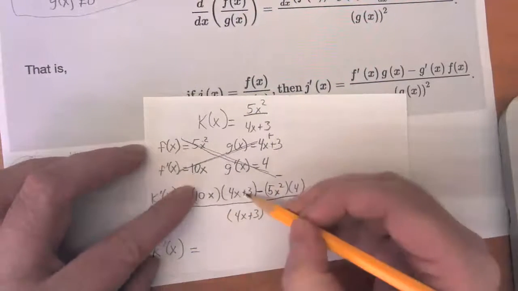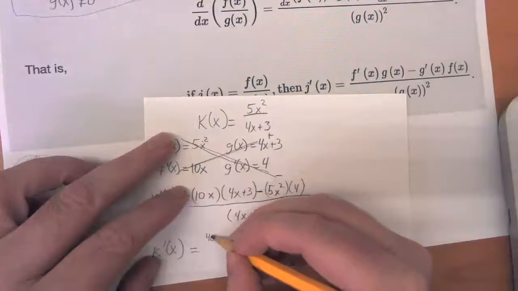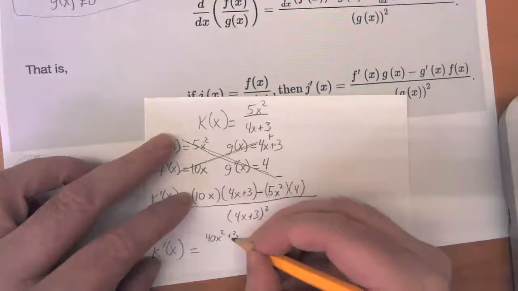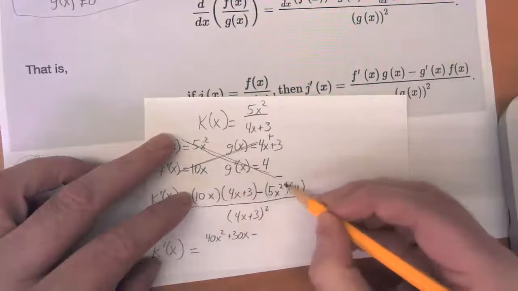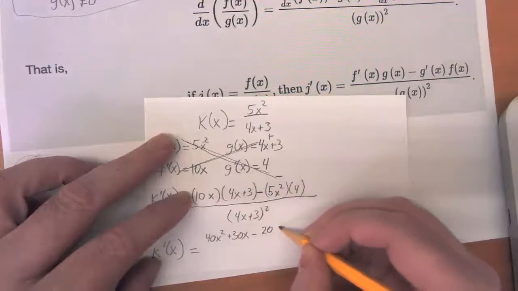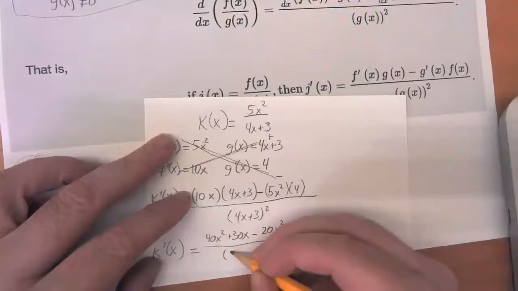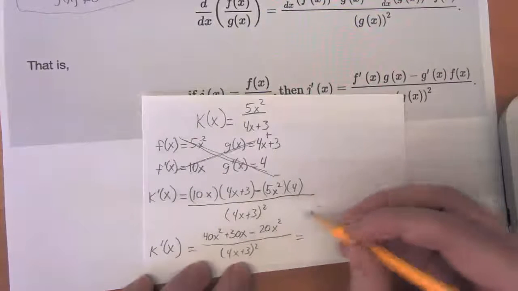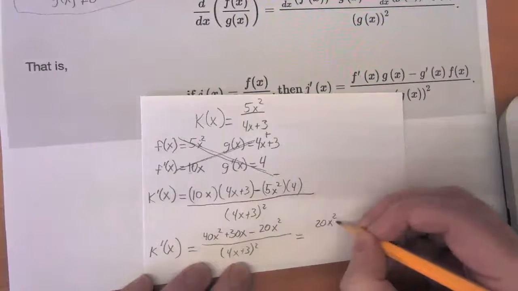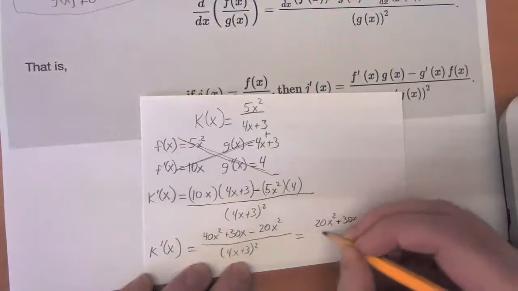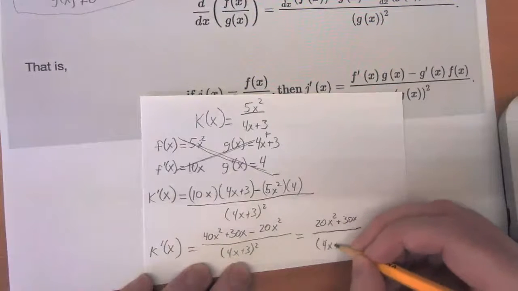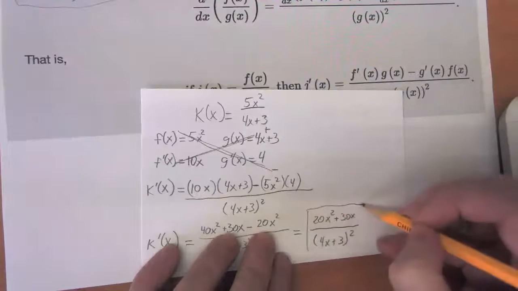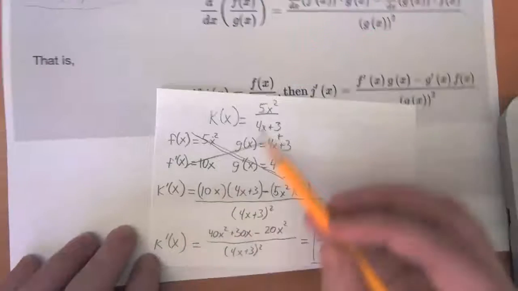I don't want to do a super ton. 10x times 4x is 40x squared. 10x times 3 is 30x. Minus 5x squared times 4 is 20x squared, over 4x plus 3 squared. And so combining our like terms, 40x squared minus 20x squared is 20x squared plus 30x over 4x plus 3 quantity squared. So there is how we can calculate the derivative of the function k, which is the quotient of these two functions.